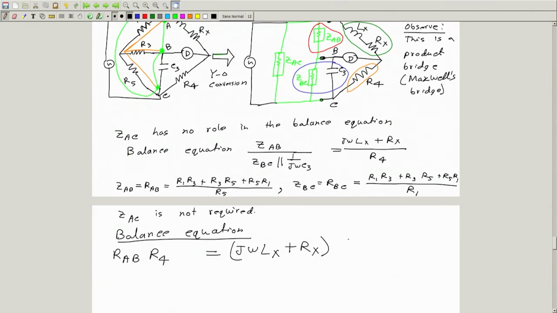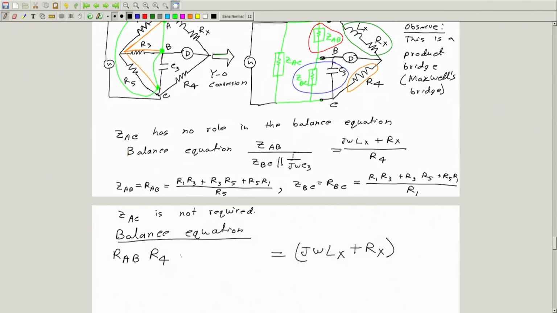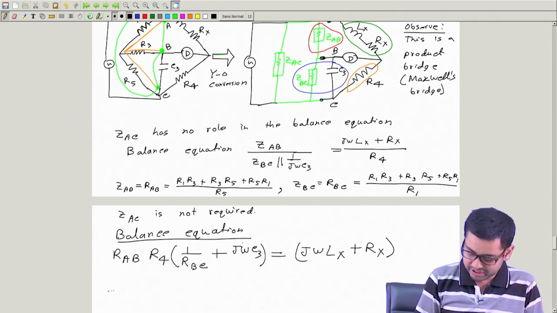But instead of putting the impedance here, I can put the admittance here. So I put the admittance of this branch, which will be 1 over ZBC or RBC plus j omega C3.